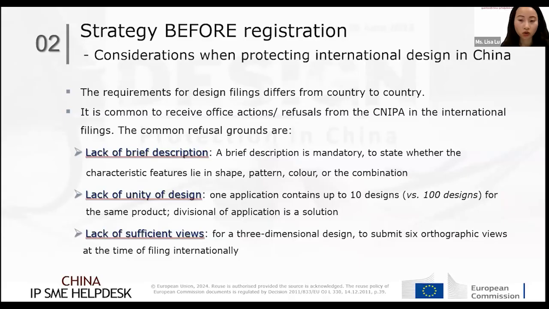If you fail to do so, it could be a little bit tricky to overcome. So we suggest you file sufficient views when you file the international design, if you consider China as part of the contracting parties of your international design.